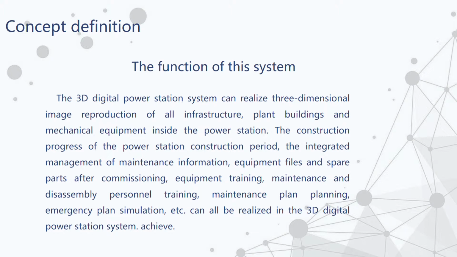The construction progress during the construction period, the integrated management of maintenance information, equipment files and spare parts after commissioning, equipment training, maintenance and disassembly, personnel training, maintenance plan planning, emergency play simulation, and so on, can all be realized in the three-dimensional digital power station system.